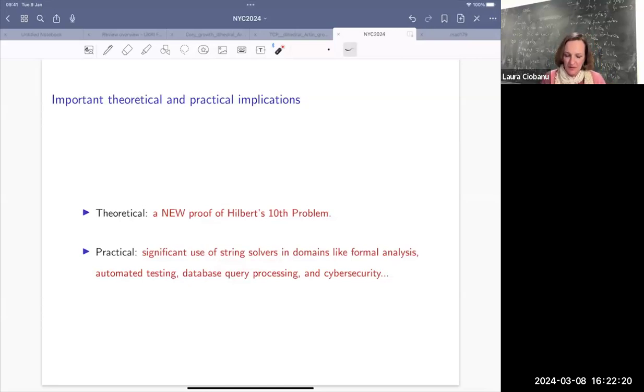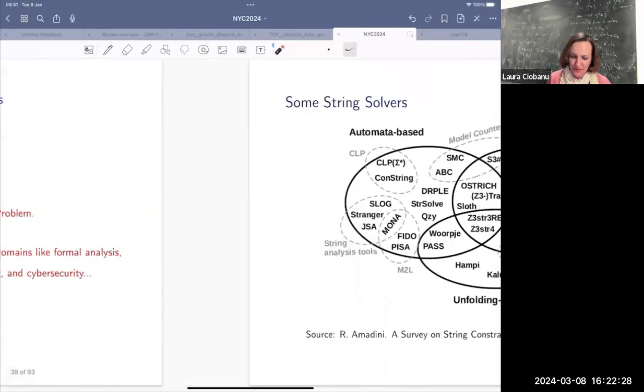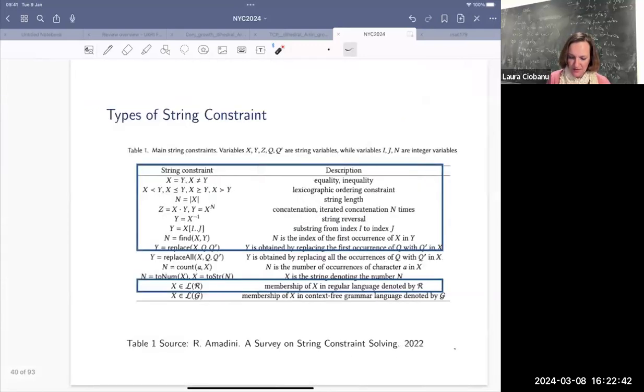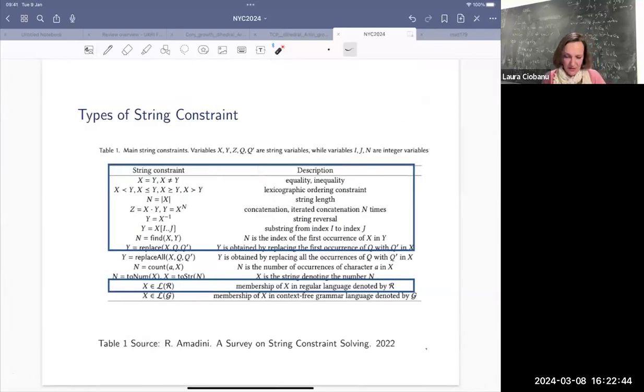So there's huge interest on the applied side of string solvers in this question. And as I said, in this last survey, these are all the new string solvers that seem to pop up all the time, where they look at some sort of word equations with constraints. And in the same survey, there's a list of various constraints.